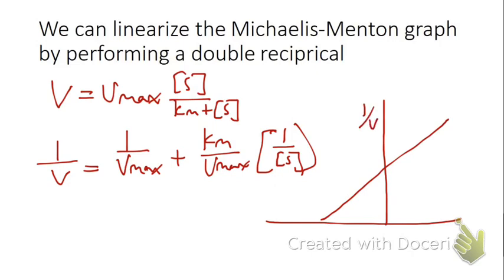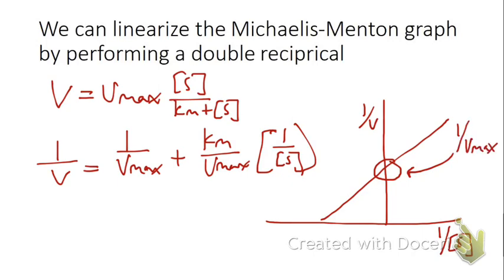And so you always have to be aware of the labels on your x and y axes as well as the units. Units are very important. So we said that the point with which this line crosses the y-axis is known as 1 over Vmax.